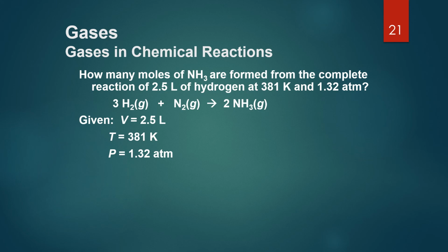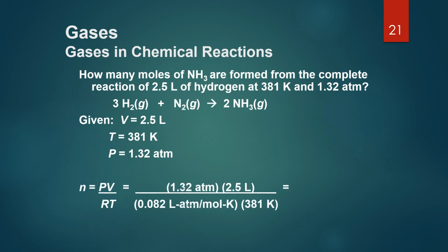So let's take it step by step and start by solving for moles. When I rearrange the ideal gas law to solve for moles, I get n equals PV divided by RT. From there, I simply plug in the numbers given in the original problem. My pressure was 1.32 atm, my volume was 2.5 liters.